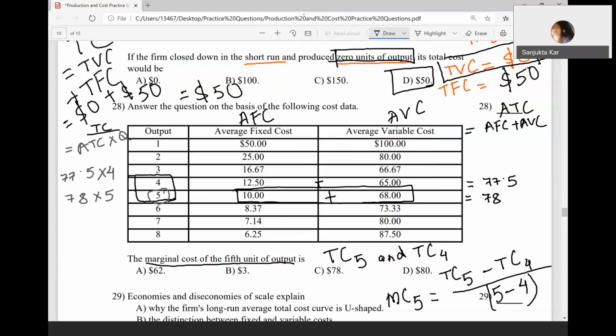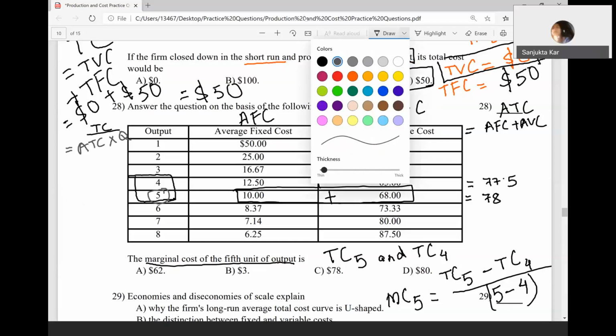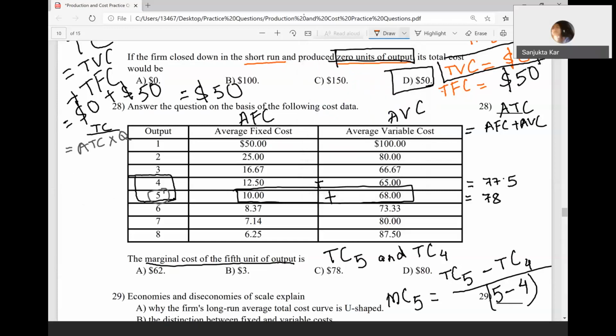Let me take these numbers up so that I have some space to write. I'm just going to circle these numbers. 77.5 times 4 is 310. Then 78 times 5 is equal to 390.